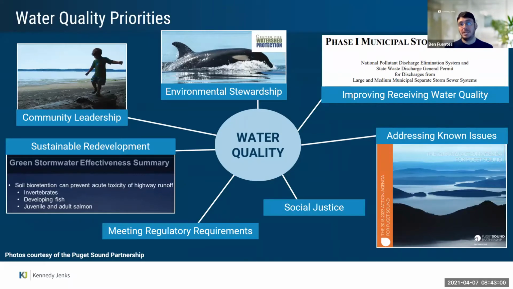There are many different reasons that we should be managing our stormwater runoff. I'm not going to get too down in the weeds on any one of these aspects, but they're all very critical and important, and we need to pay attention to stormwater quality and be creative on ways that we can improve it.